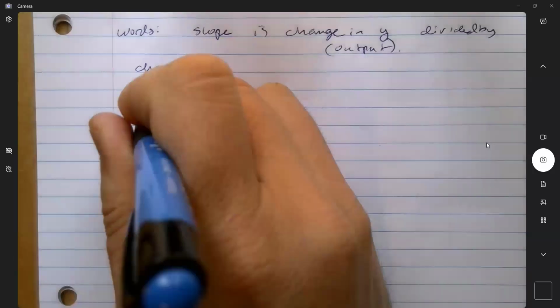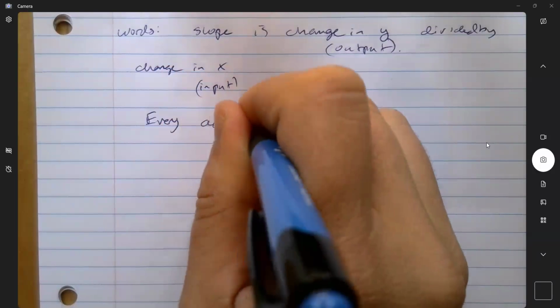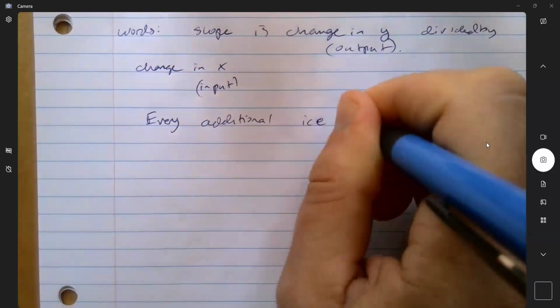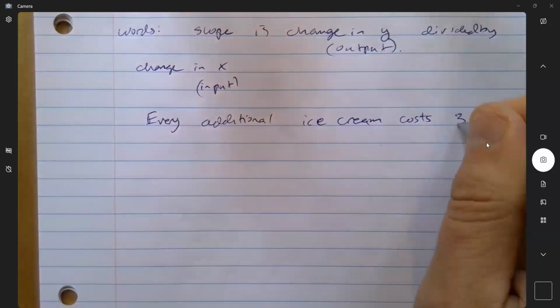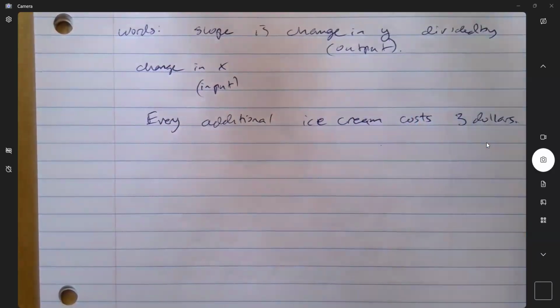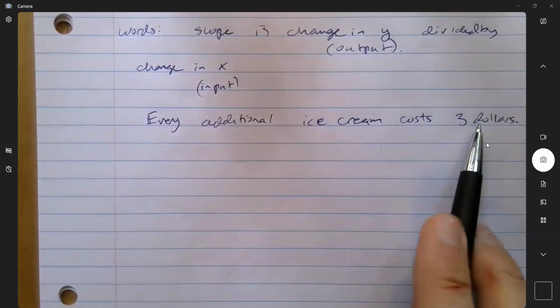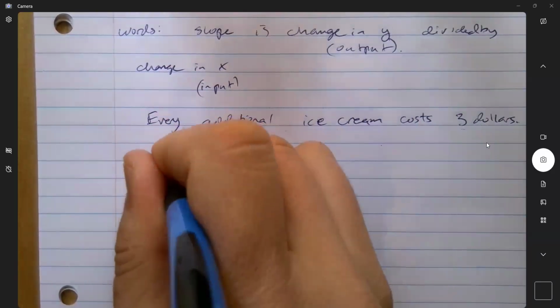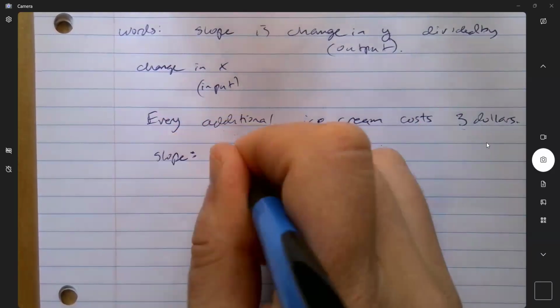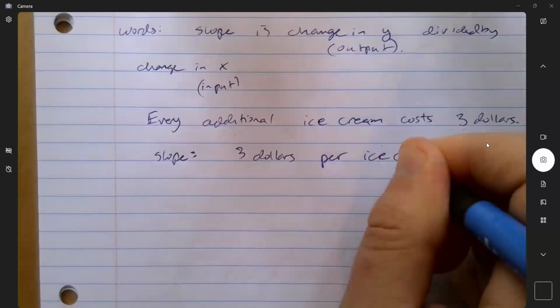So you could say something like every additional ice cream costs $3. Every time my input, the number of ice cream cones or ice creams, goes up by 1, the total cost goes up by 3. So the slope here is $3 per ice cream.